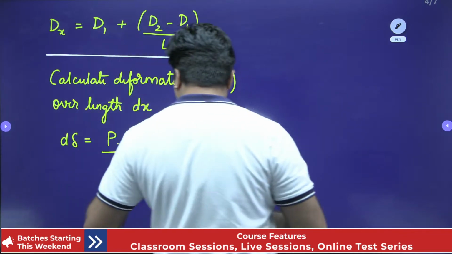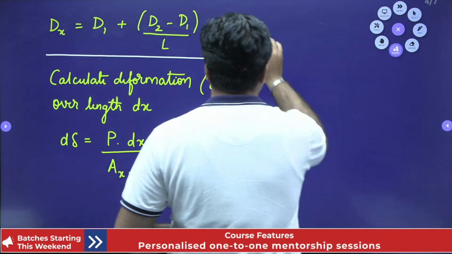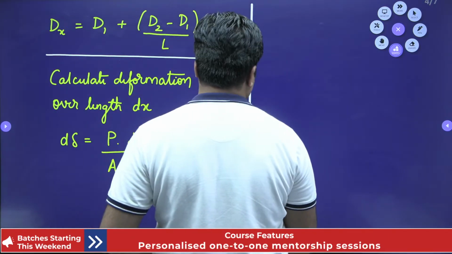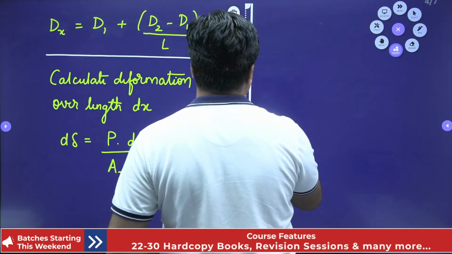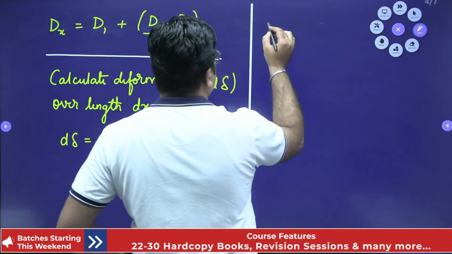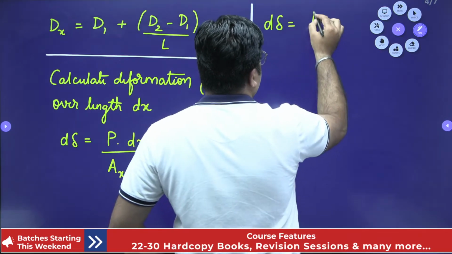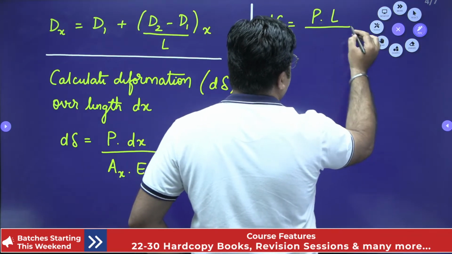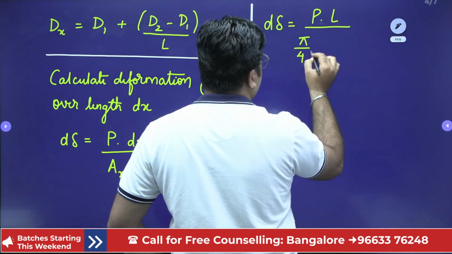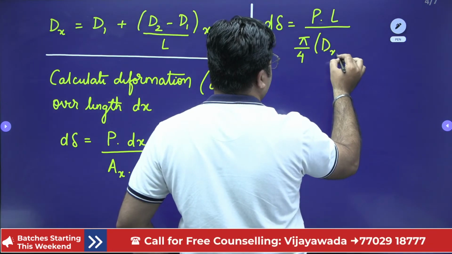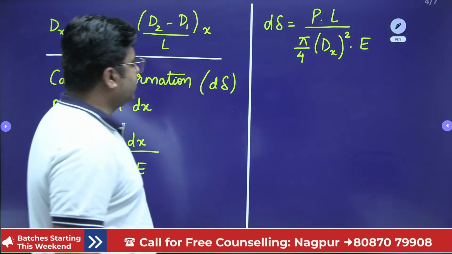Now, I will just substitute the value of Ax. So, d delta is equal to P into L divided by pi by 4 into dx square into E, right? And what is the value of dx?